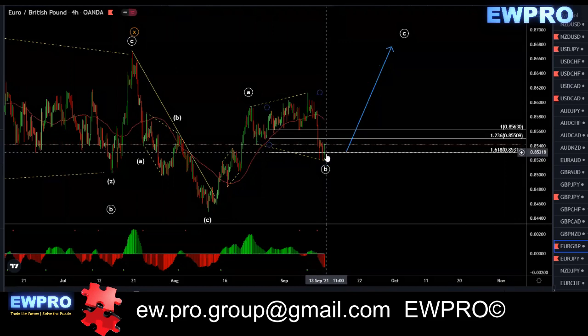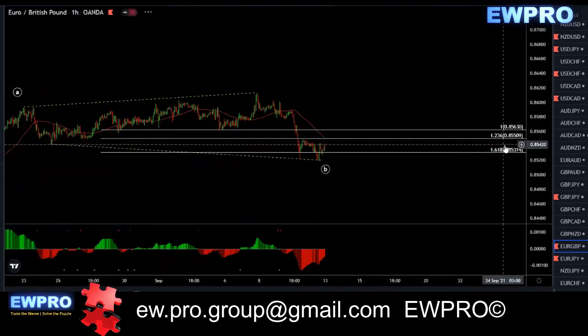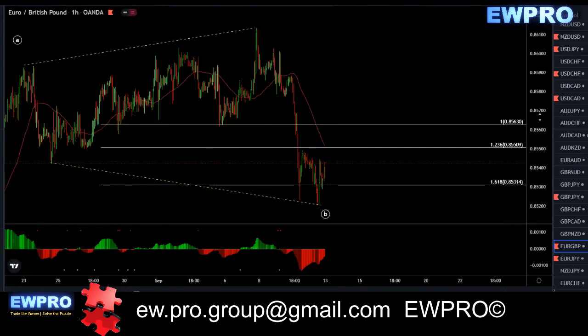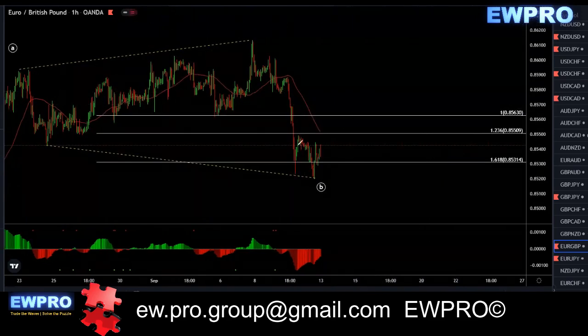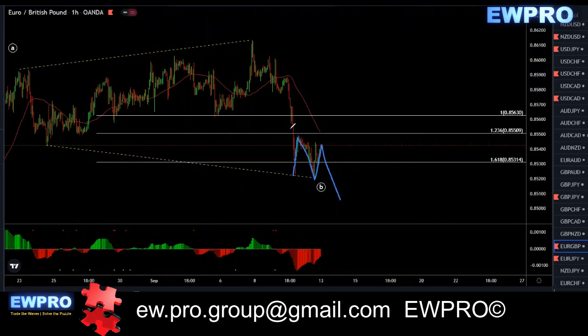So if you get any buy setup, look for the buy. It's not really giving a buy setup at this stage because this here is still not clear because we got an A, B, C in here. It may give another one down in here before we get that nice larger C up. But any buy setup I get, I'll be looking for that buy.